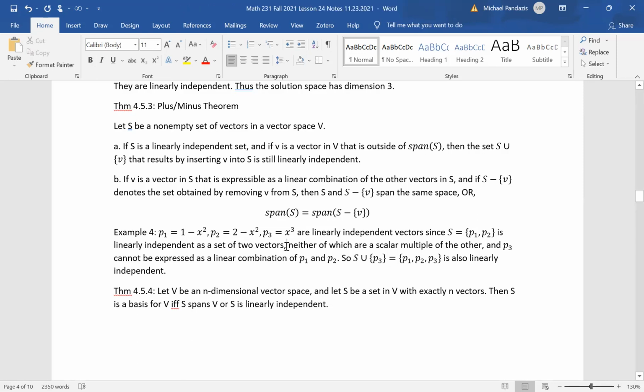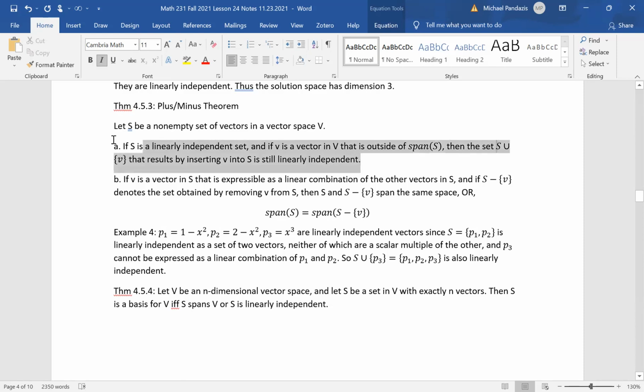Now the vector p3 cannot be expressed as a linear combination of the vectors p1 and p2, because p3 is x cubed, and neither p1 nor p2 has an x cubed term. So you cannot express p3 as a linear combination of p1 and p2. And so the span of {p1, p2} does not include x cubed. p3 is outside the span of p1 and p2.